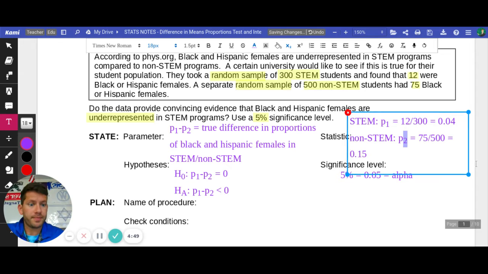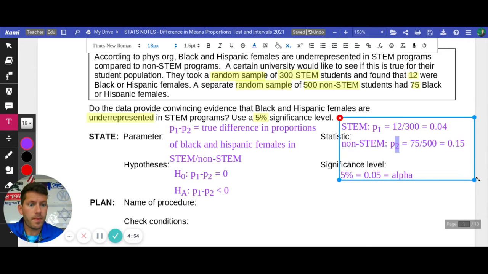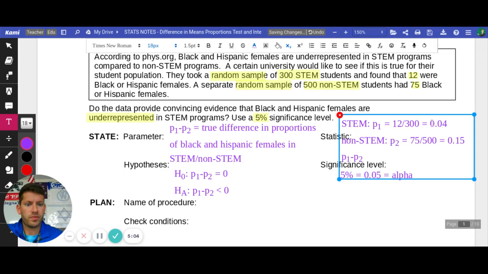We're going to subtract them, P1 minus P2. It'll be 0.04 minus 0.15, which equals negative 0.11. So we already have evidence for our alternative hypothesis.